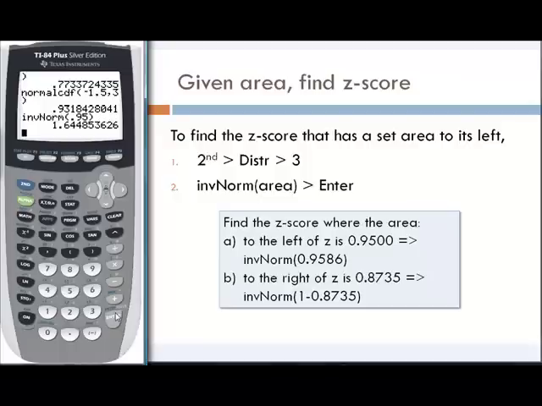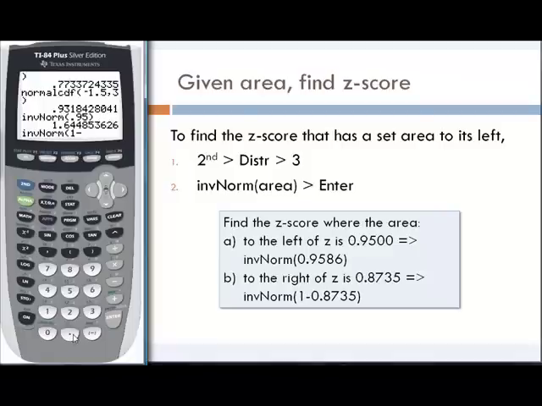If we want to find z-scores that correspond to area to the right, well, area to the right is equal to 1 minus the area to the left, since the area under the whole curve is equal to 1. And so we can use the same function, inverse norm, second DISTR, option 3 for inverse norm, and then instead of putting in area to the left, we put in 1 minus area to the right, which is equal to area to the left.